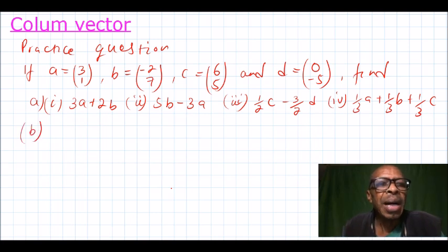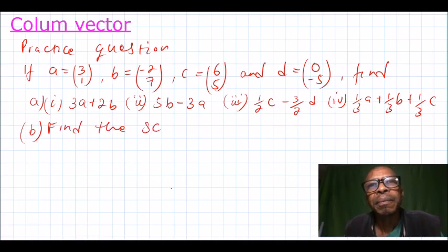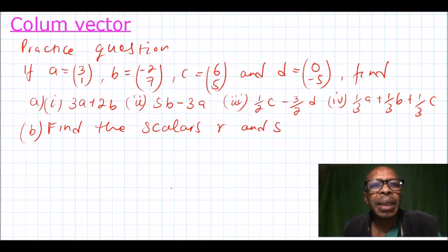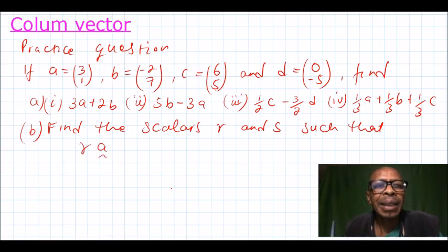You have, find the scalars R and S such that R A, where A is a vector, plus S C is equal to 9B.